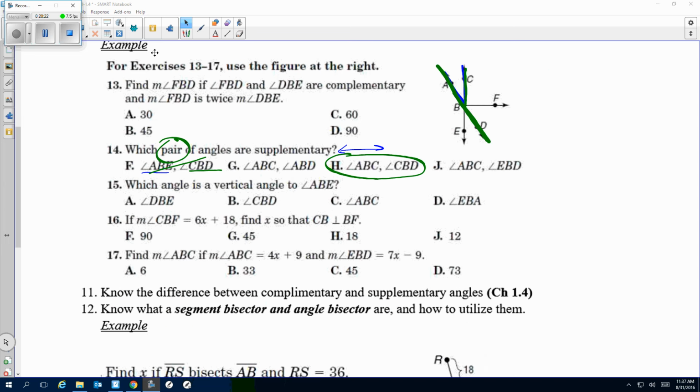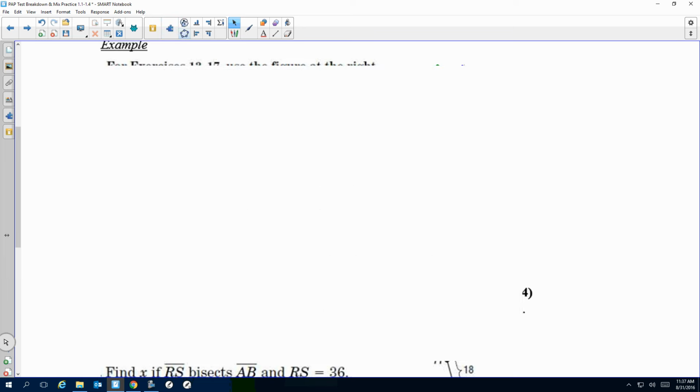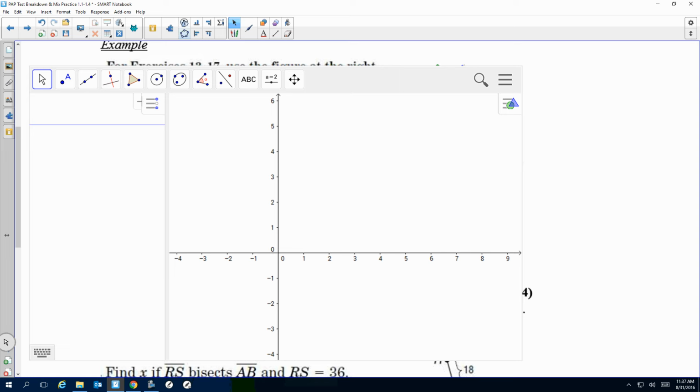Let me see. Where are my lines? No. No. Maybe here. I don't want to open this. It's going to probably act crazy. Yes, it's going to act crazy. Yeah, I know.